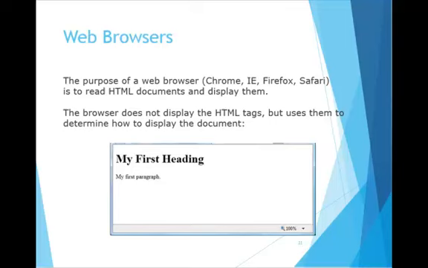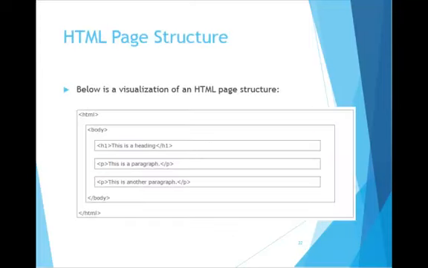The browser doesn't display the HTML tags, but uses them to determine how to display the document. We call HTML pages box-type structures because of the HTML page structure. As you can see, it's nested boxes within each other, and we always have the paired tags enclosing the different tags that we have as elements in the page.